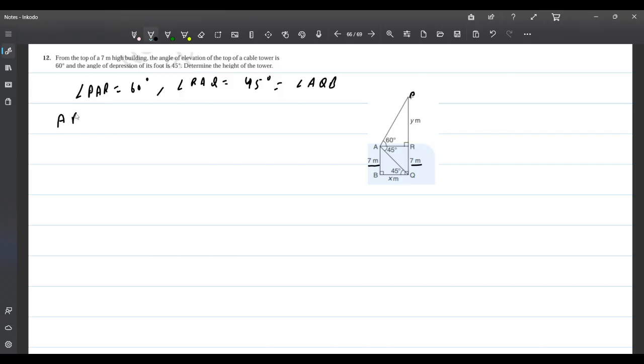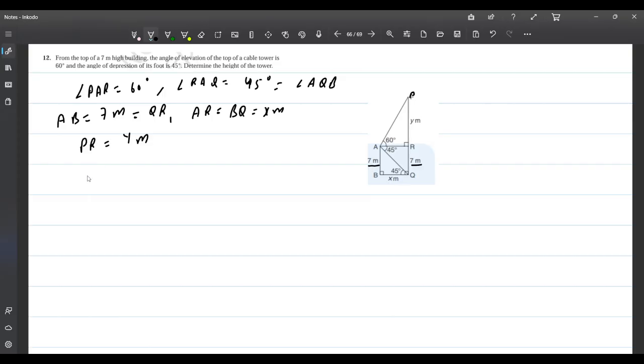AB is 7 meters, which is equal to QR, and AR is equal to BQ, which is x meters, and PR is equal to y meters.